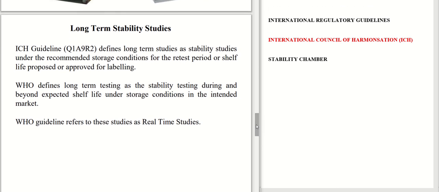Based on the Q1A(R2) guideline, we will be carrying out the long-term stability study. How we need to carry out these studies, how long, and what the different parameters to be checked are, that we will be discussing in this guideline.